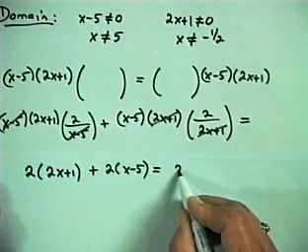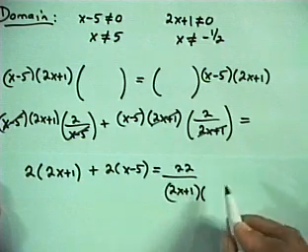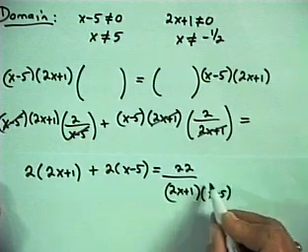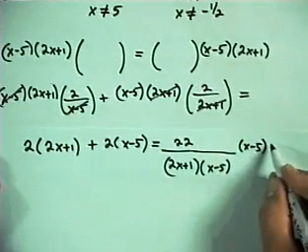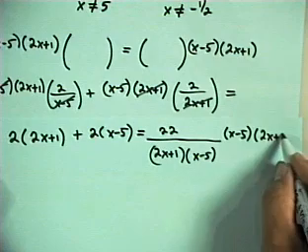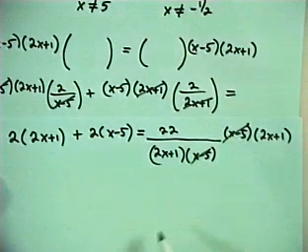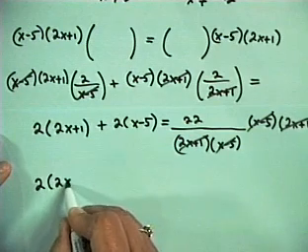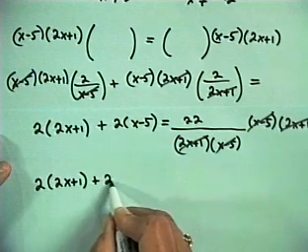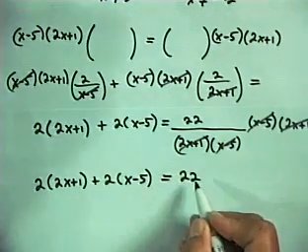We had a 22 over the factors 2x plus 1 times x minus 5, and we needed to multiply that by the lowest common denominator, which is x minus 5 times 2x plus 1. But on the right-hand side, the x minus 5 factor gets eliminated from the numerator. What we now have is 2 times 2x plus 1 plus 2 times x minus 5 on the left, and on the right-hand side, that equals 22.